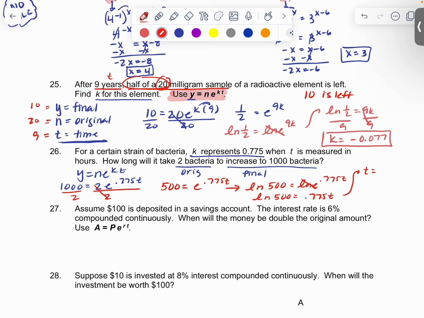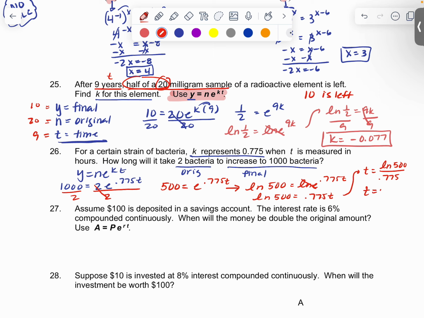So t is going to equal ln of 500 all over 0.775. Let's plug that in. Again, this better be positive, right? So ln of 500 divided by 0.775, and I got 8.018. So about 8.02 or something like that.